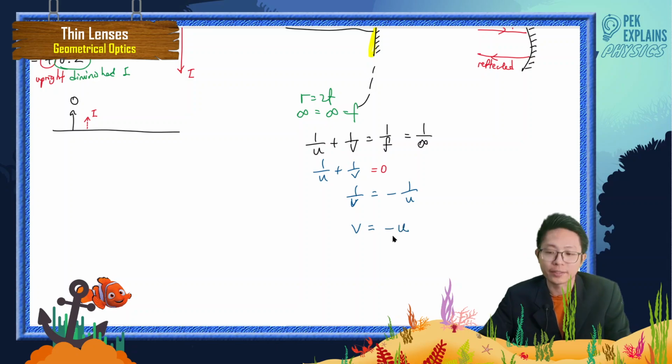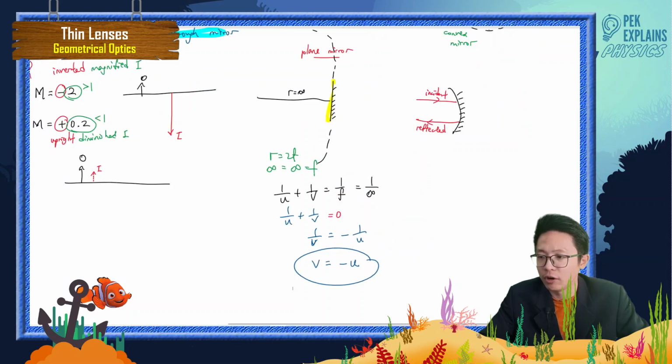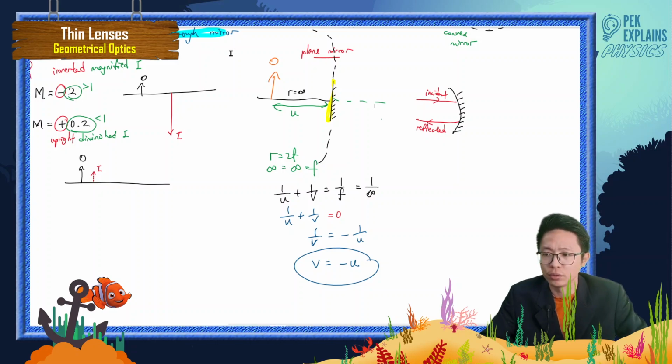You see that? That means for a mirror, if I have an object over here, this is the u. If you use the plane mirror every morning to look at your beautiful face, you can see the image is formed at the same distance as the object.